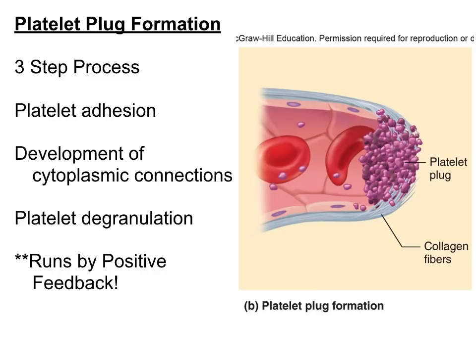Can you see the positive feedback beginning? And every time you go through those three steps, the platelet plug just continues to grow and be more effective at reducing or stopping minor bleeding at that site.